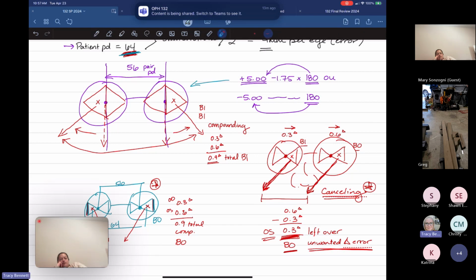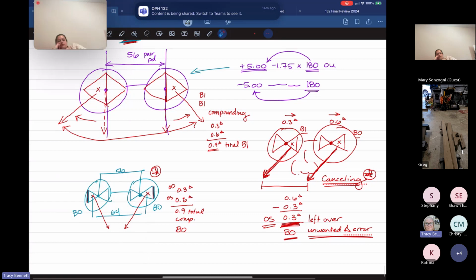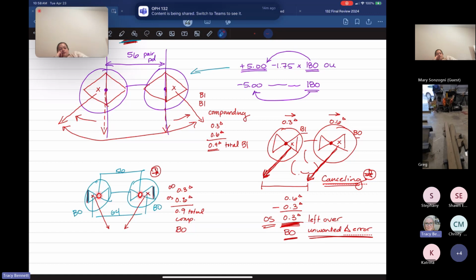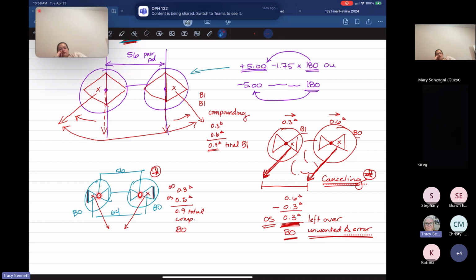Versus this one over here, where we had OC error. The eyes can't ever look out like that. They just don't. The most you're going to get is them looking in at the same time. Like if this is a real scenario, a minus person is supposed to be looking through the OCs, but then let's say they converge to read up close, that means their eyes move into here, right?